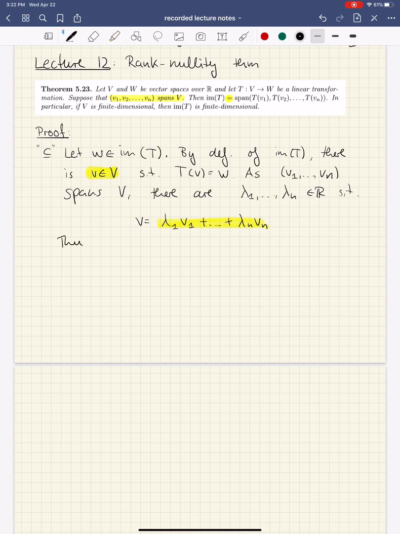Well, and now what do I get? Let's look at our element w. I want to show that w is in the span of T(v1) through T(vn). Well, w is T(v) by the choice of v. Now I can replace v by the equality above.